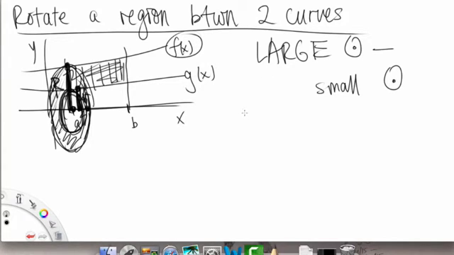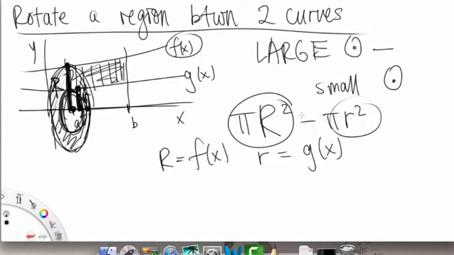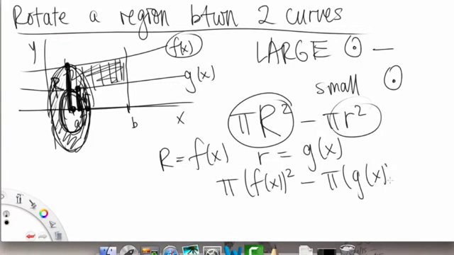Okay, so this is pi capital R squared minus pi little r squared, the area of the large circle minus the area of the small circle. In this case, our big R is equal to f of x, and little r is equal to g of x. So this is going to turn out to be pi times f of x squared minus pi times g of x squared.